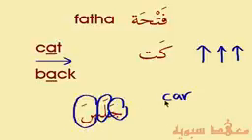Now when we say car, there's an elongation. That's written differently, and we'll explain that later on, inshallah. Just to note, it's a quick sound. So just ja, la, sa, jalasa. There's no elongation.